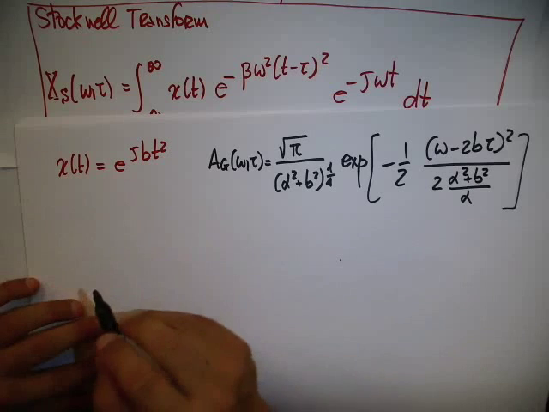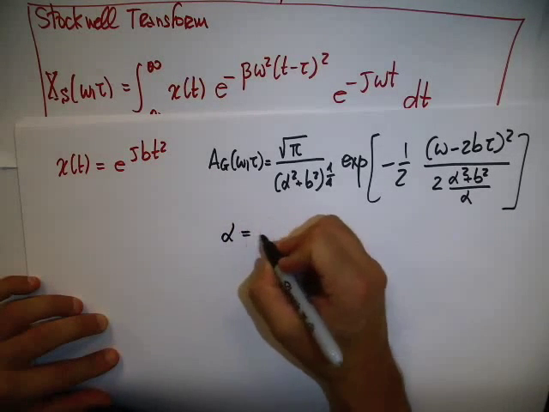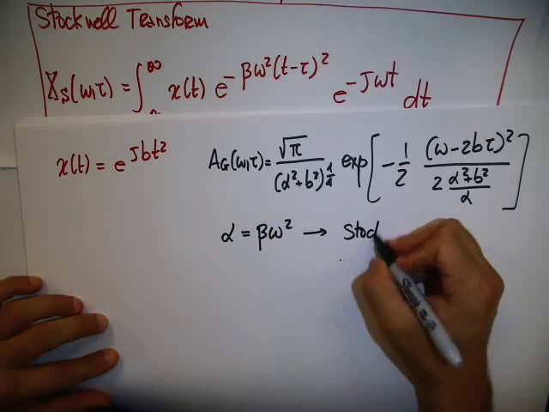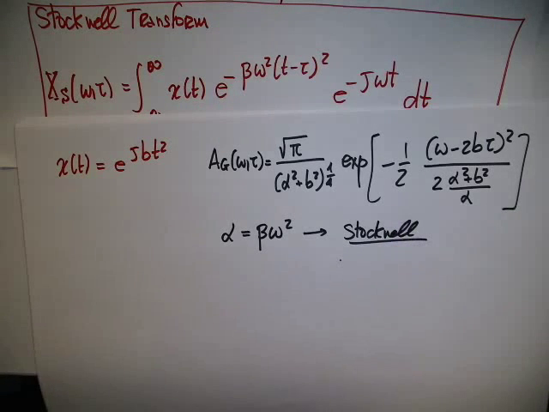So for the equivalent, by simply setting alpha equal to beta omega square, we get the Stockwell transform very immediately, okay?